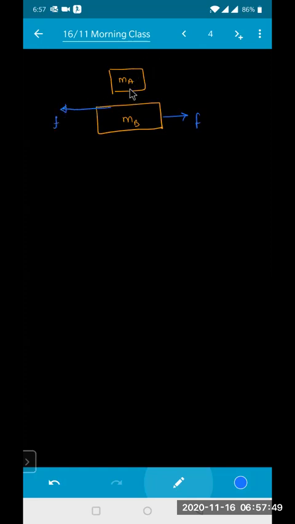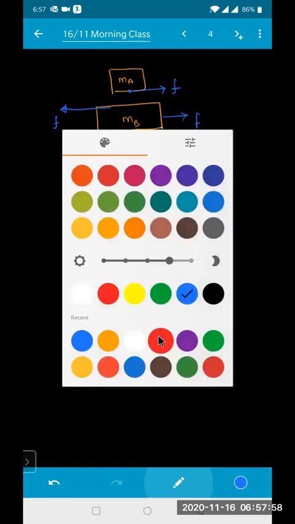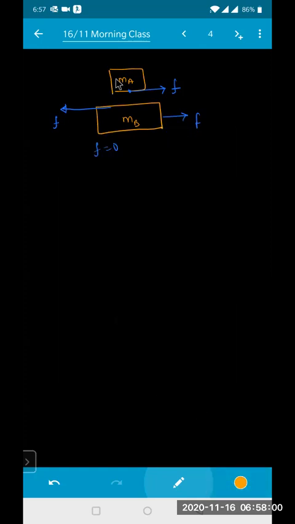So obviously an equal and opposite friction f will be developed on the other body, and here the friction is 0. As this body is accelerating in the front direction, you apply the pseudo force acting on this one in the backward direction, which is mass of A into a. So this is the pseudo force which is acting on that part.